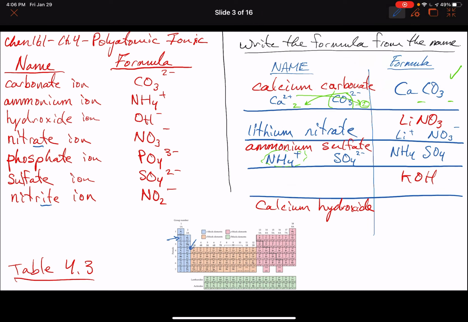So we're going to do that and make sure that we do this with parentheses to show that we need 2 of the whole thing. If you do not use the parentheses, first of all, your subscripts are going to get close to one another. 4 and 2 might look like 42. Second, it looks like you're only putting the 2 on the hydrogen, if that were the case. So we need the parentheses to show that we're dealing with the whole polyatomic ion ammonium that is twofold in population for every sulfate anion.